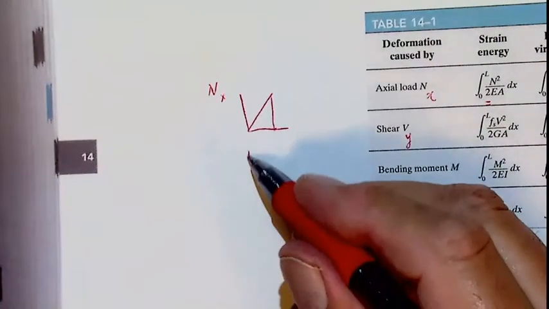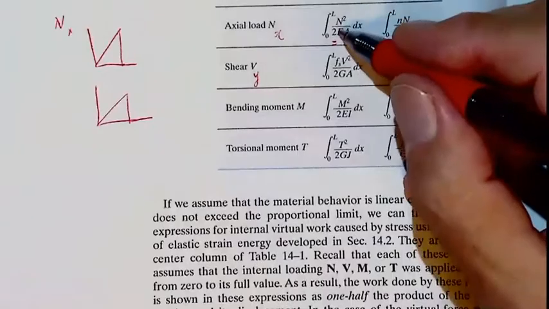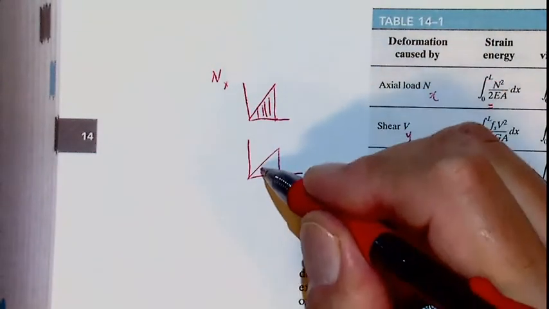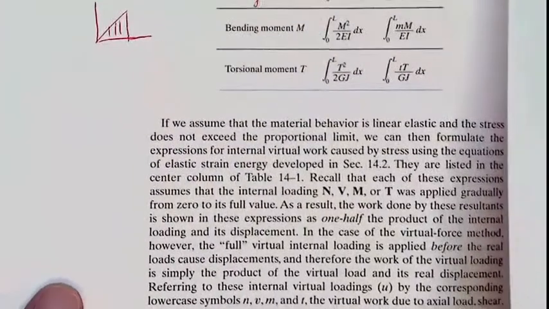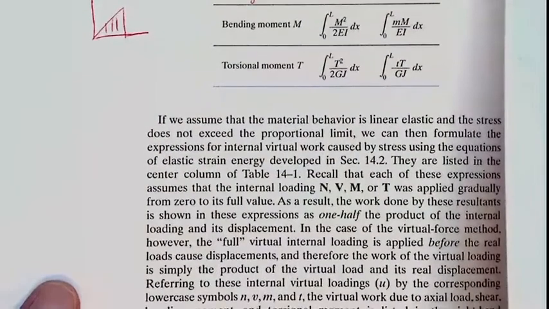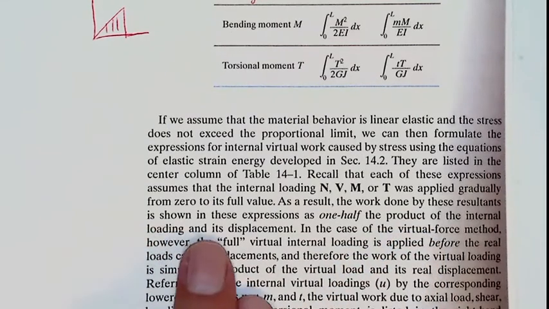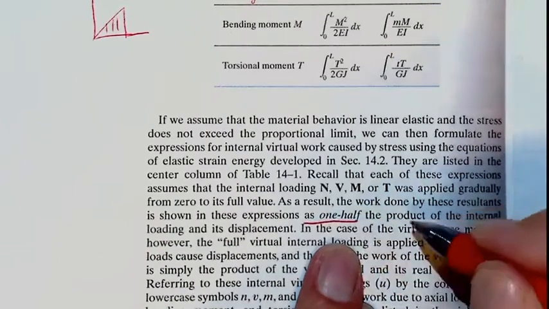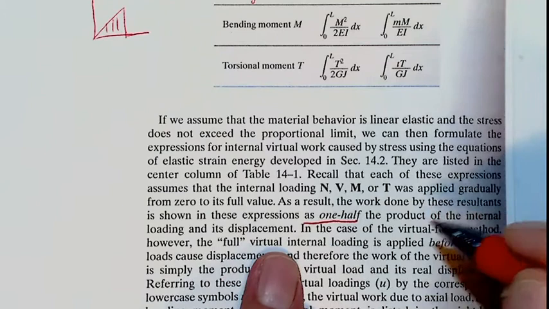Analogously, bending moment is applied like this, etc. So that is why we have 1/2, because that is this energy. That is this area, and this area equals 1/2. As a result, the work done by these resultants is shown in these expressions as 1/2 of the product of the internal loading and its displacement.